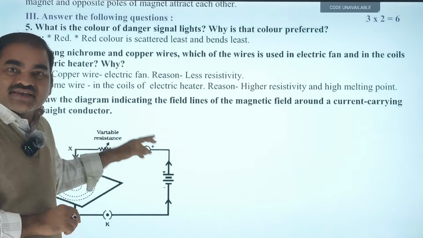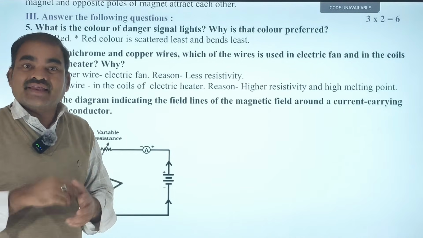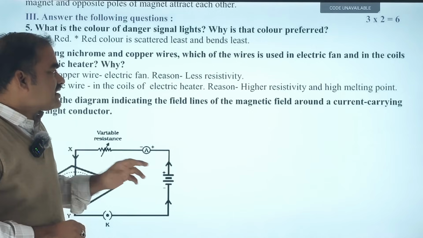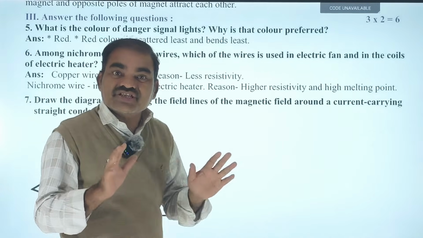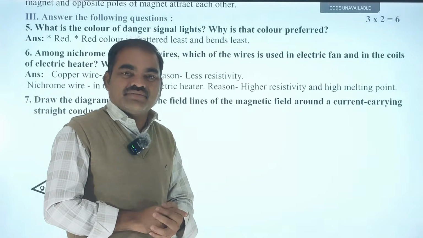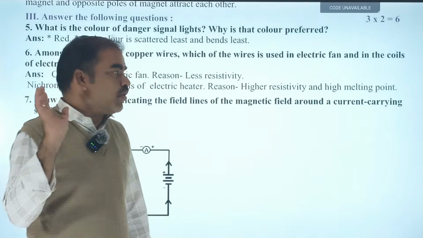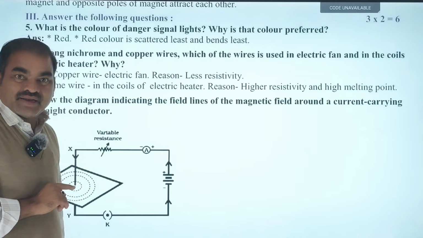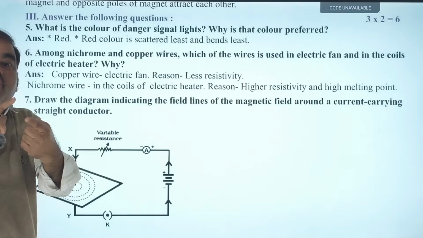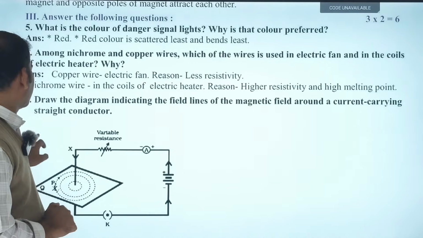And nichrome wire is used as a coil in an electric heater. The reason is high resistance and high resistivity will be there, and its melting point is high. Means it does not suddenly break there.